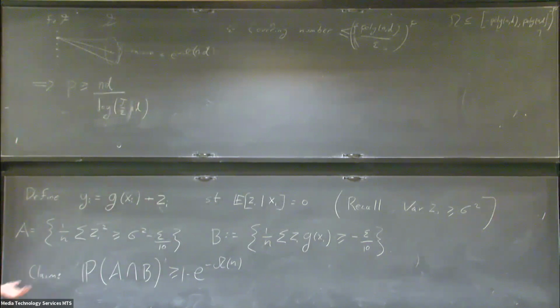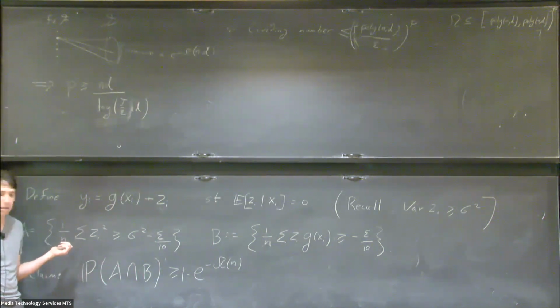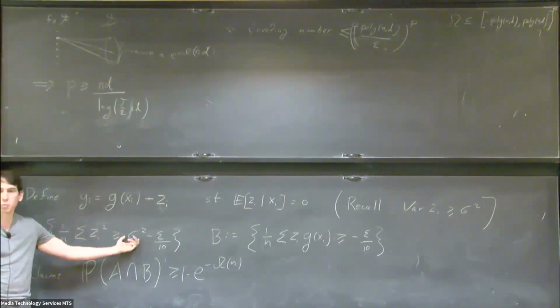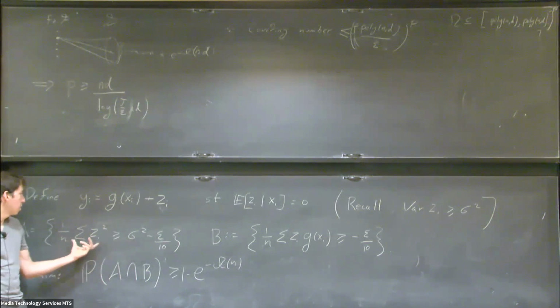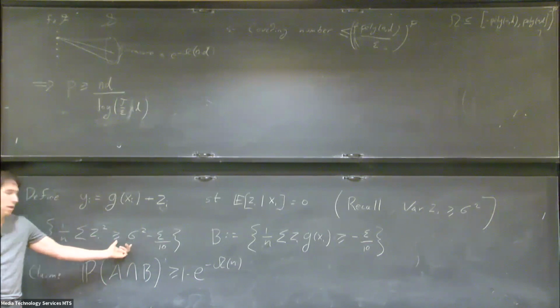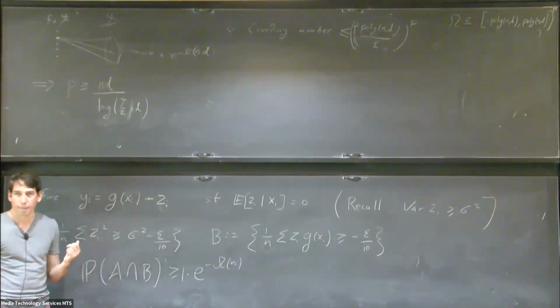I guess both of these are just Hoeffding's inequality. The zi's are bounded between -1 and 1. The variance is sigma squared, so the expectation of this sum of squares is just sigma squared. And then this is the large deviation.